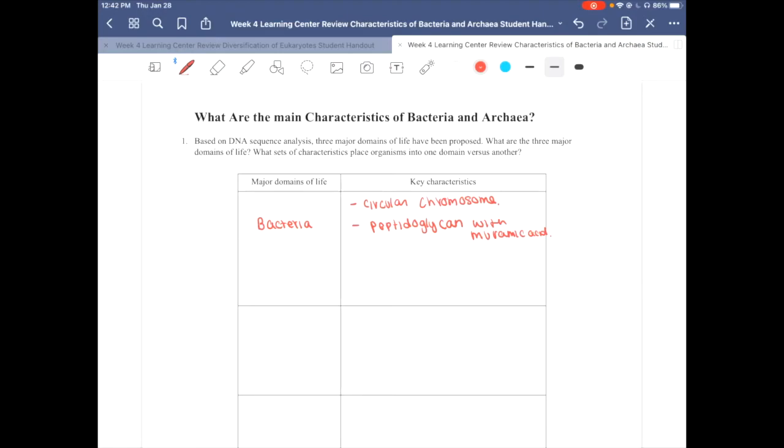So the presence of a large peptidoglycan cell wall is said to be gram positive, and the absence is gram negative. They have lateral gene transfer, no membrane-bound organelles. Yes, those are some great responses. And peptidoglycan, yes.